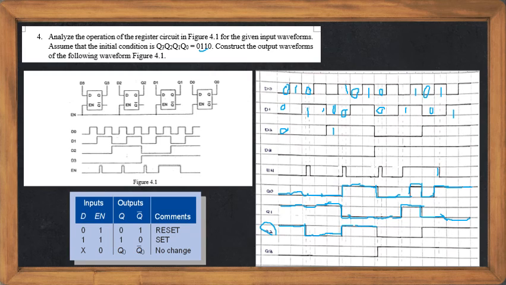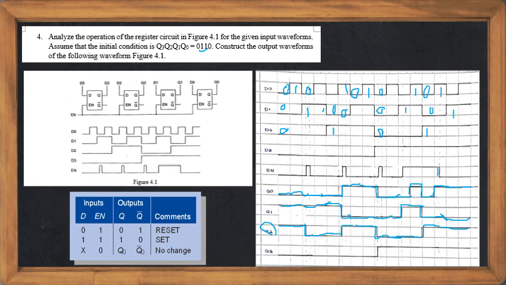When D is 0 and the enable is 1, the output will be reset. And then no change. When D is 1 and the enable is 1, the output will be set. And then no change until the end.